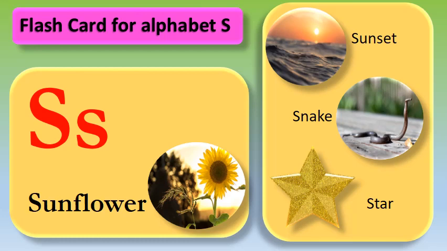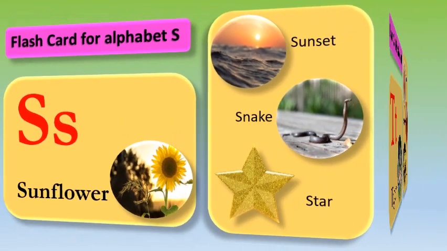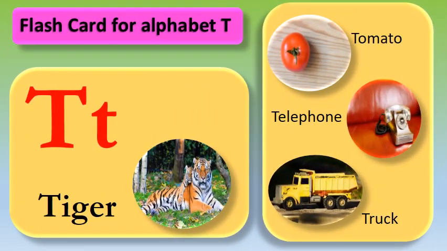Next, S for sunflower, S for sunset, S for snake, S for star. Next, T for tiger, T for tomato, T for telephone, T for truck.